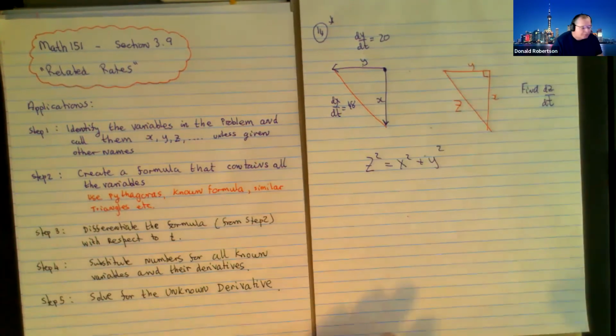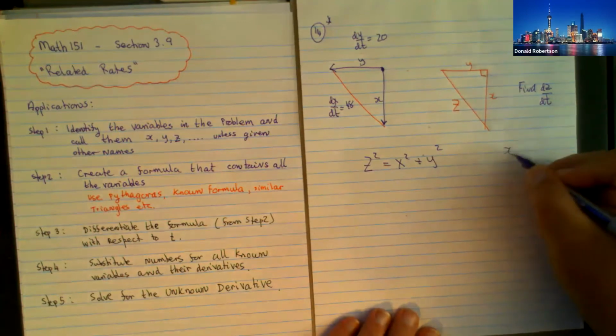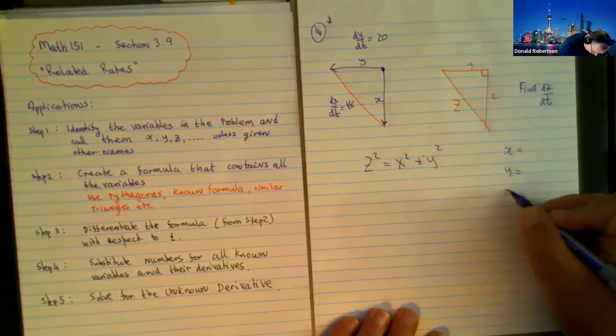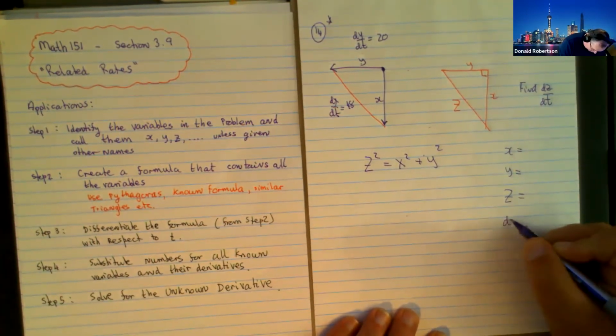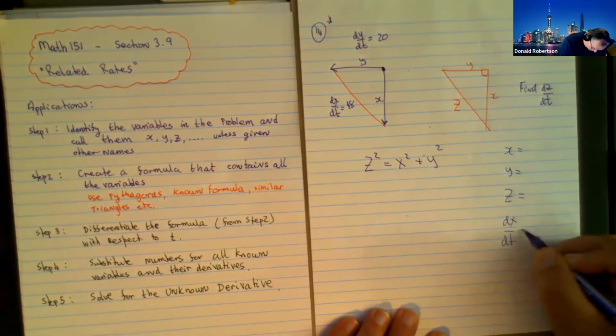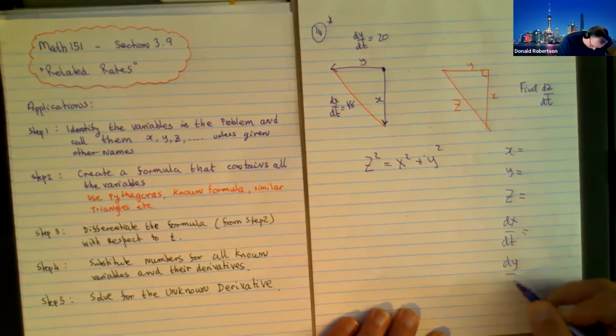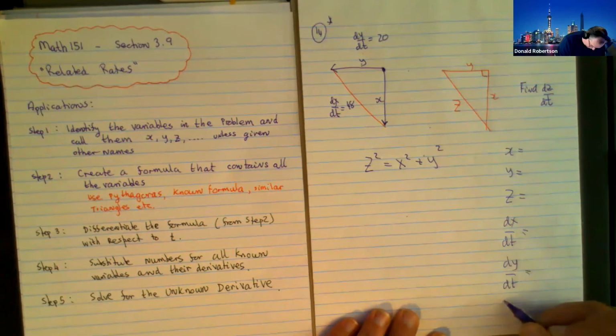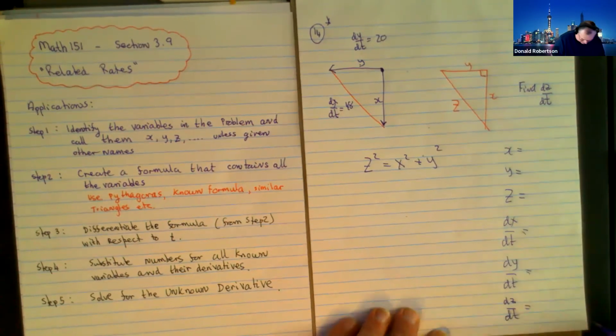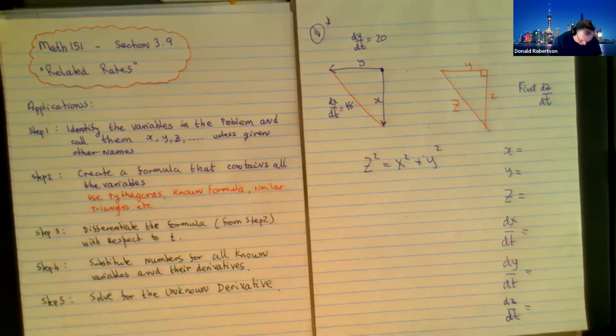Would you agree? It's Pythagoras. Now, I need to know X, Y, Z, or hopefully one of these I won't need to know. But this is my list of things: X, Y, and Z and 3.